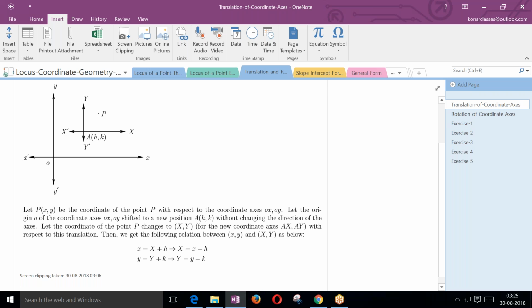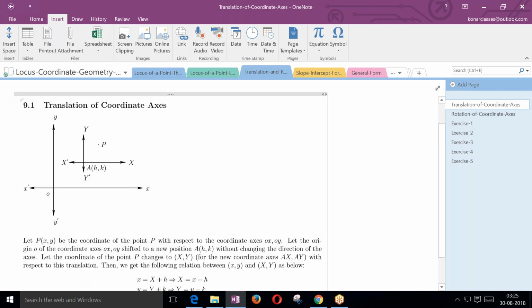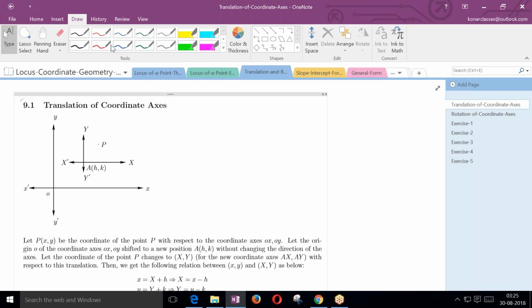If you look into this diagram, what is meant by translation? In Cartesian coordinates, this line x dash x and this line y dash y are the original coordinate axis. That means if I draw it here, it looks something like this.